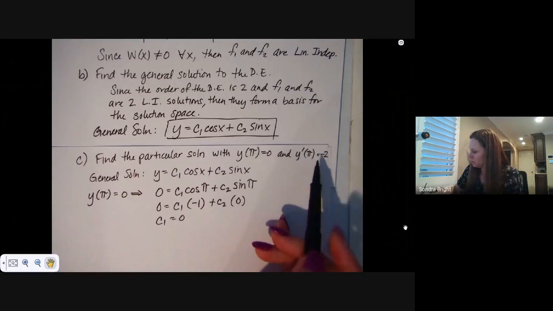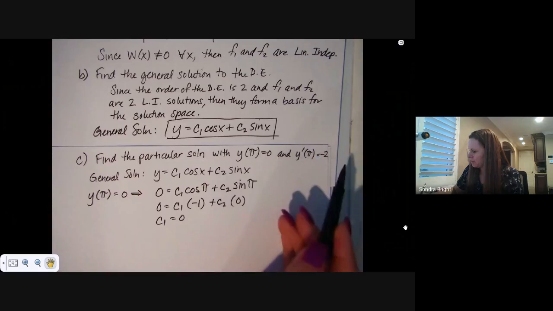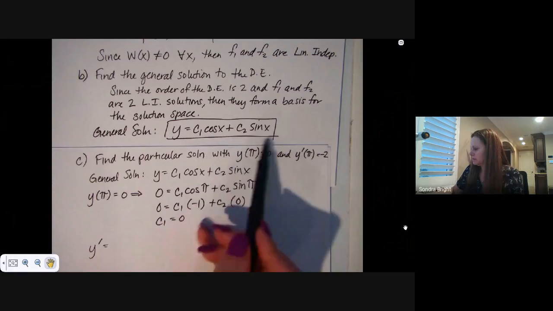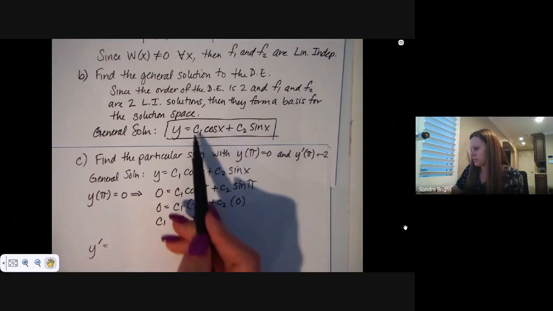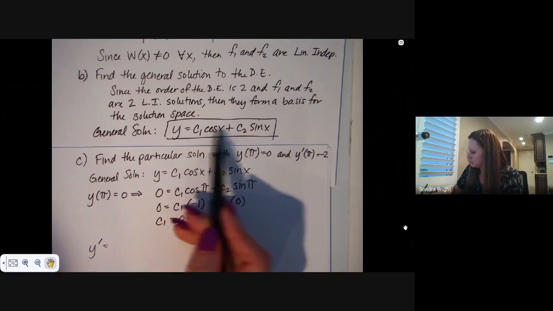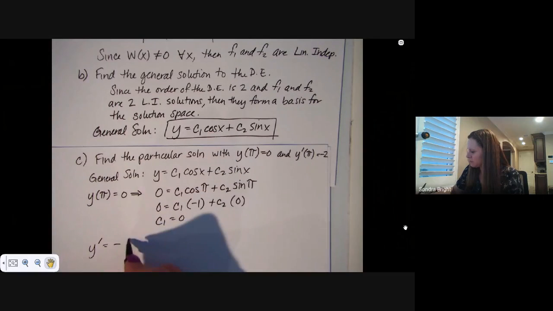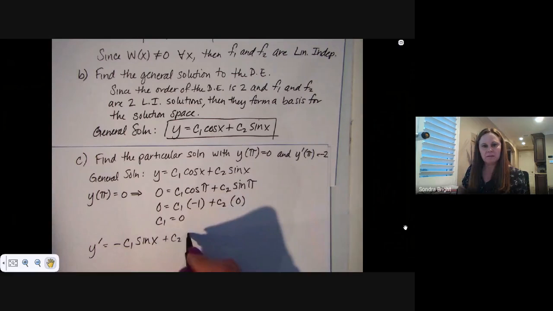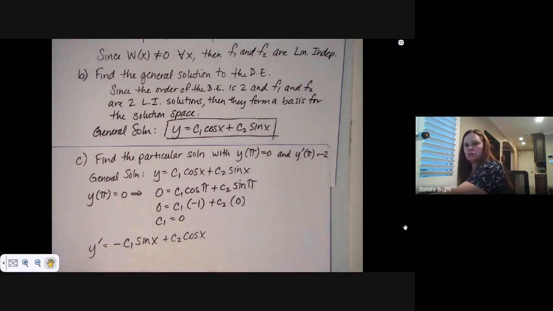Taking the derivative of this: constant times cosine, derivative of cosine is negative sine, so it'll be -c1 times sine of x. Derivative of sine is cosine times c2, so plus c2 times cosine of x. There's your first derivative.